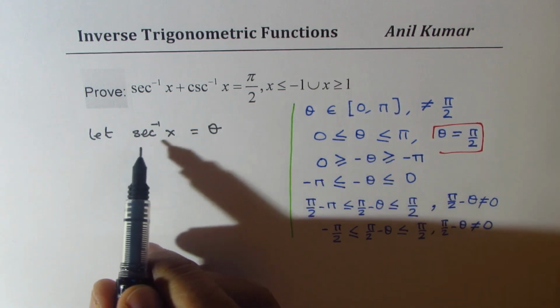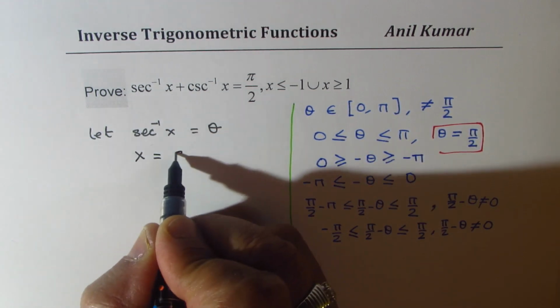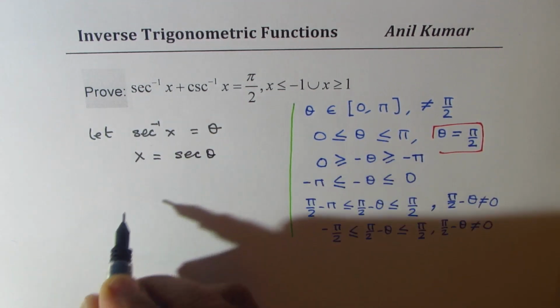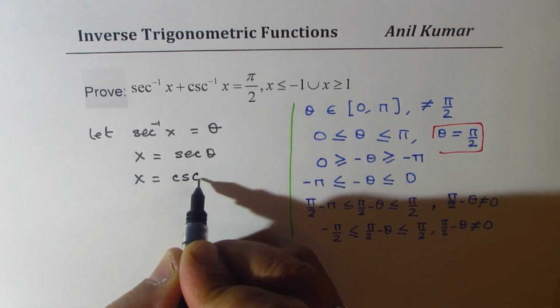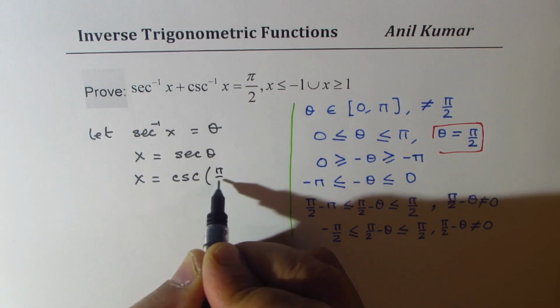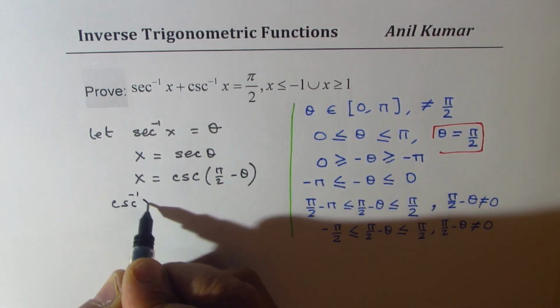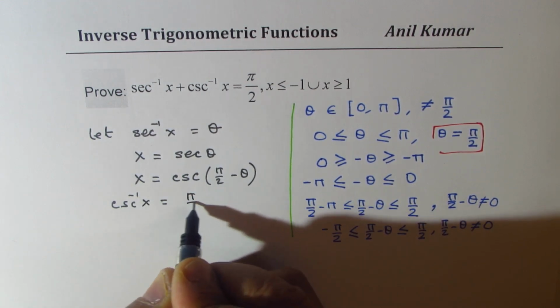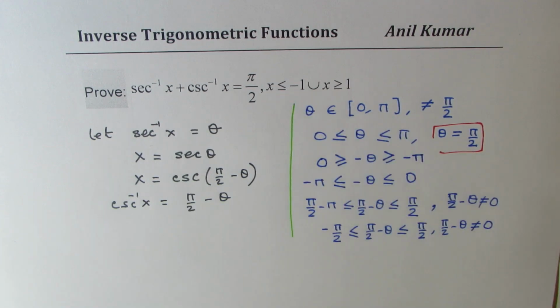Now let's continue. Secant inverse x equals theta, that means x is equal to secant theta. And secant theta could be written as cosecant of pi/2 minus theta. So that means cosecant inverse x equals pi/2 minus theta. And once we know that, we could always substitute, right?